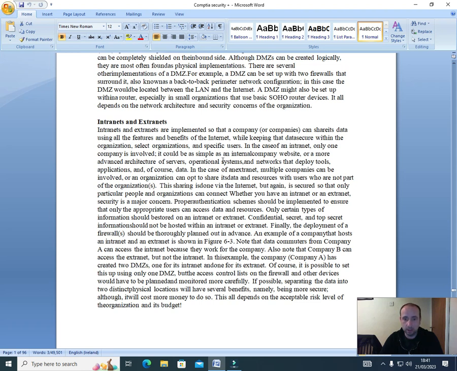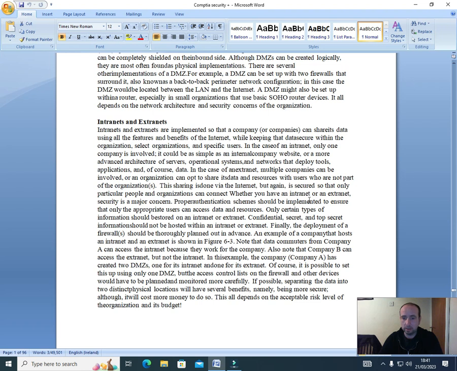It could be as simple as an internal company website or more advanced architectures of servers, operating systems and networks that deploy tools, applications and of course data. In the case of an extranet, multiple companies can be involved, or an organization can opt to share its data and resources with users who are not part of the organization. This sharing is done via the internet, but again is secured so that only particular people and organizations can connect.